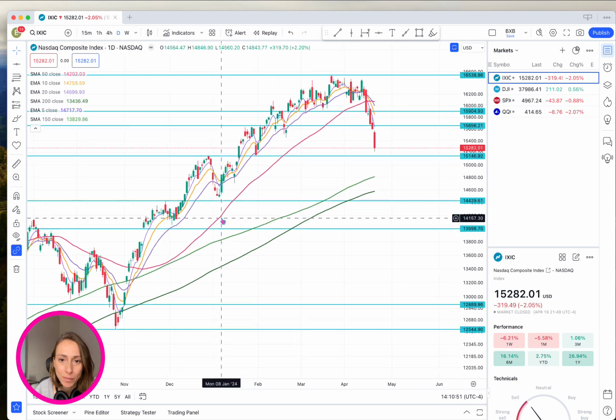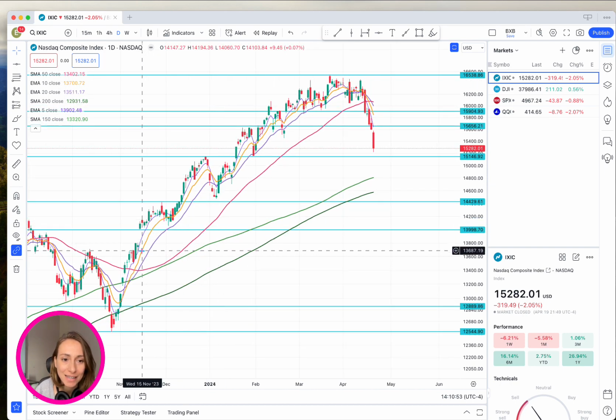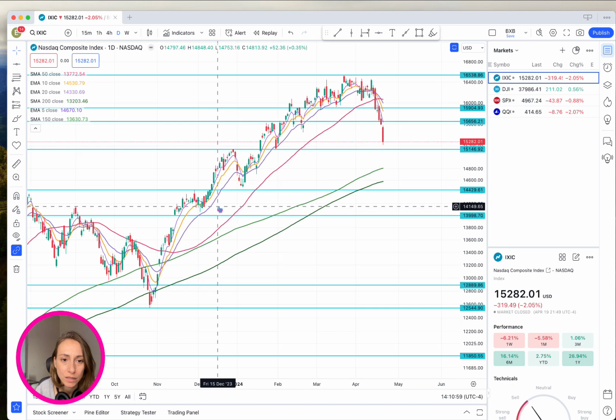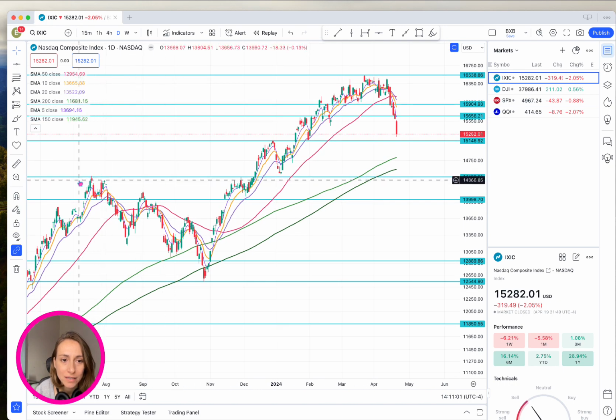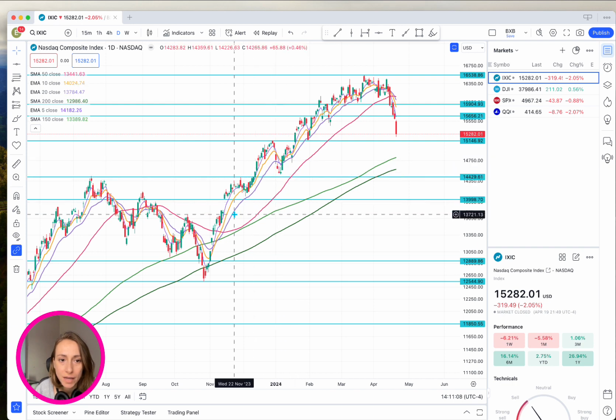So for example, this is the NASDAQ, and here I have added a line. This line is coming from the top of this, but you see that the area, this line that I put in here, was met again. It blocked the move from going up.